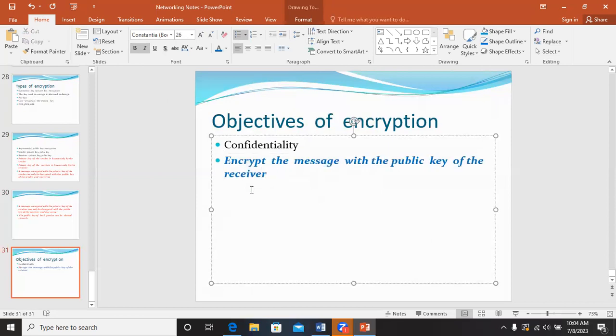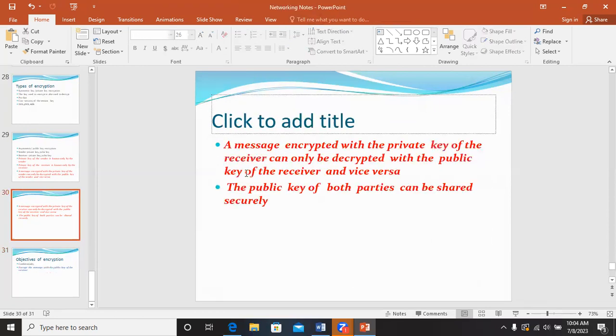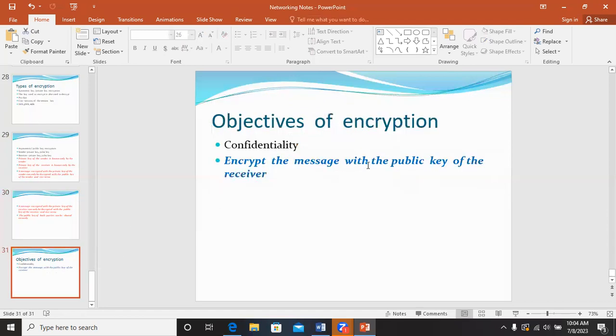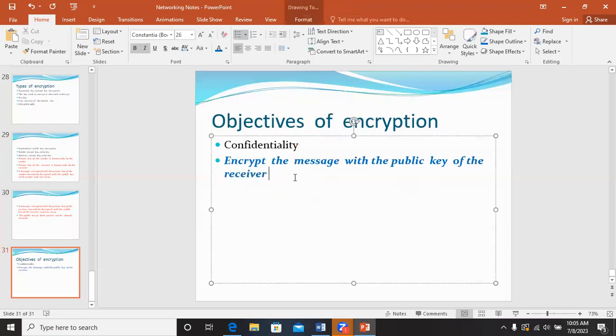He will encrypt the message with the public key of Jerry. What does that mean? That message can only be decrypted with the private key of Jerry. Remember, the message encrypted with the private key of the receiver can only be decrypted with the public key of the receiver, and vice versa. So if I encrypt a message with the public key of the receiver, it means only the private key can decrypt it. So, implication of this.